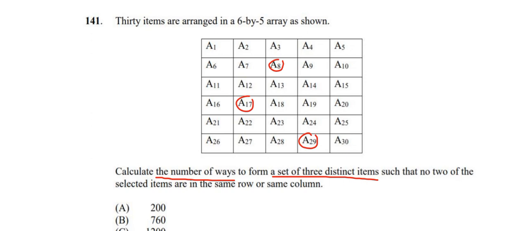So at the first, we have six rows. From the six rows, we pick 3 rows. So we have so many ways, right?